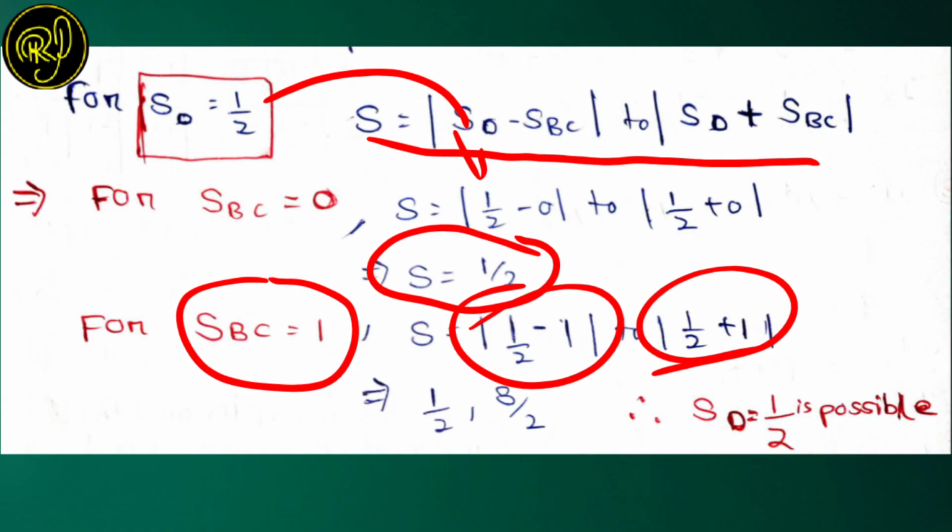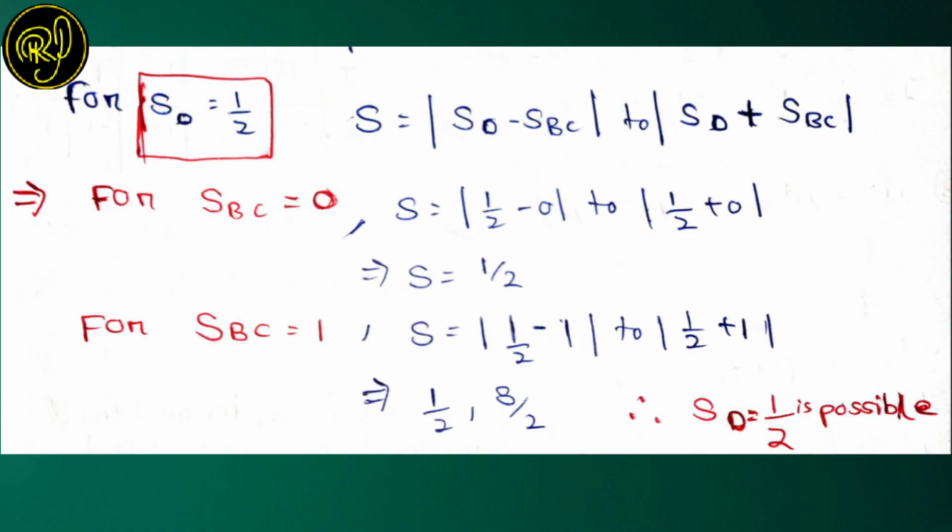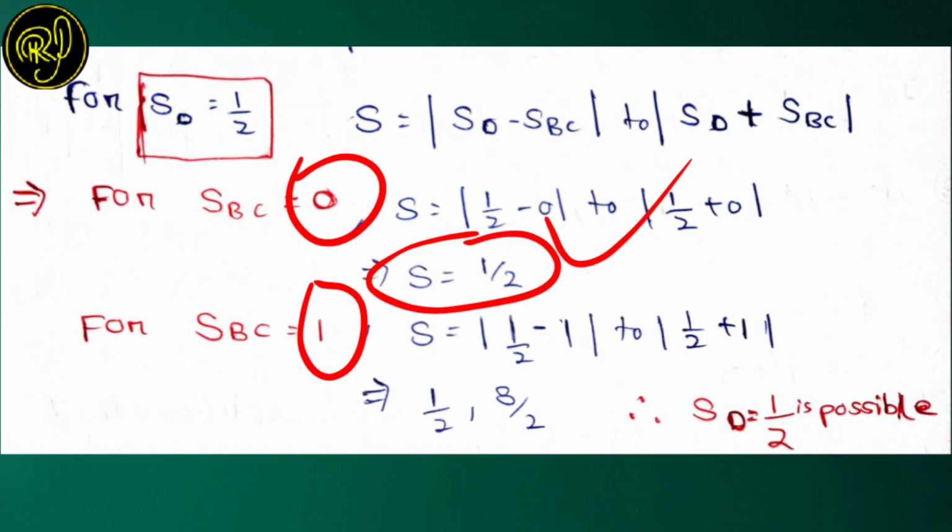So what we can conclude here is that the possible value of the spin of particle D, for SBC equal to 0 and SBC equal to 1, is half, because for SD equal to half we are getting the resultant spin equal to half. Good. For SD equal to half we are again getting resultant spin as half or 3 by 2.